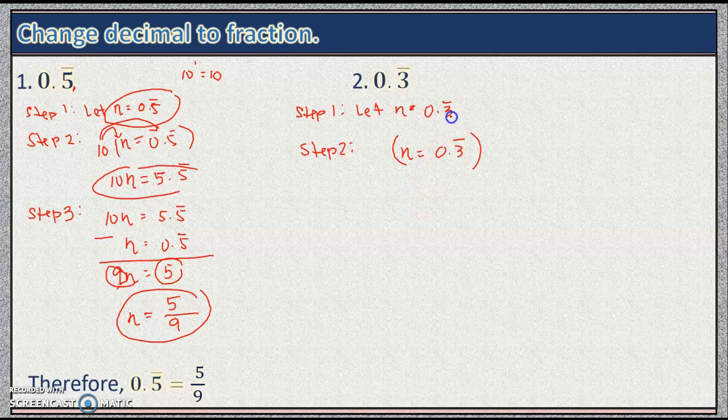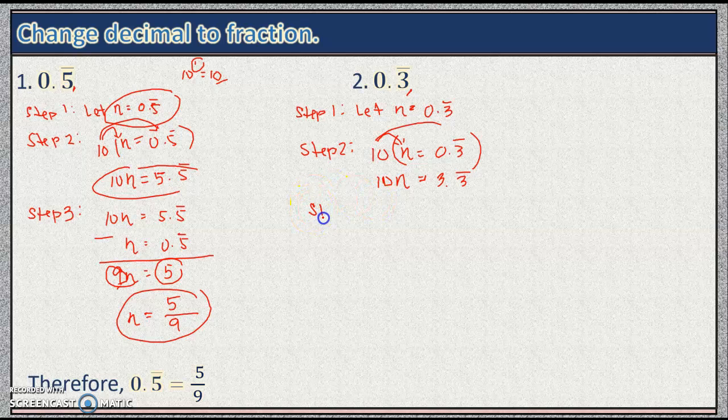It depends upon the number of digits repeated. There is only 1, so 10 raised to 1 is 10. So 10 times n is 10n. Then 10 times 0.333 is 3.33333 with bar above.